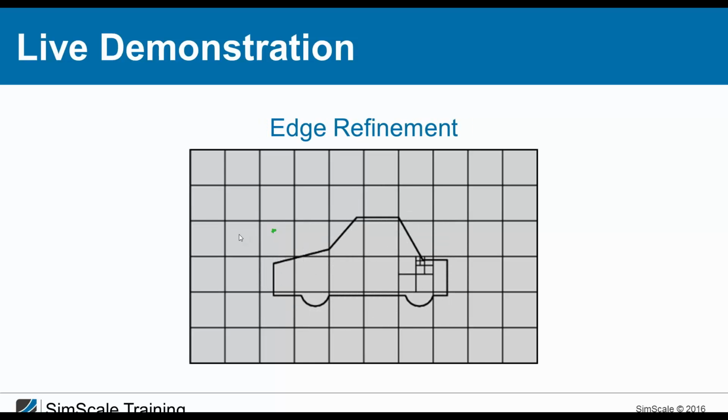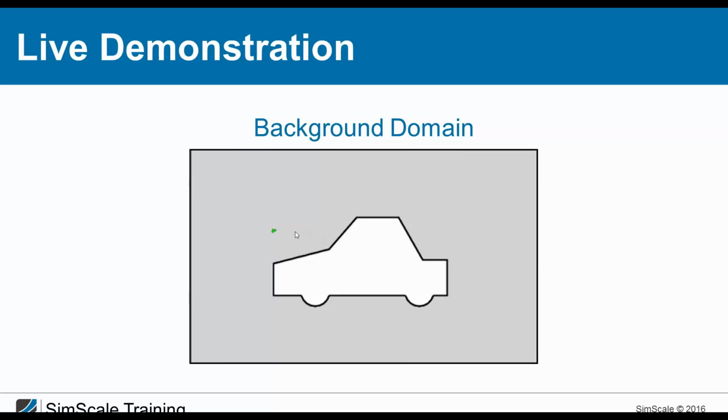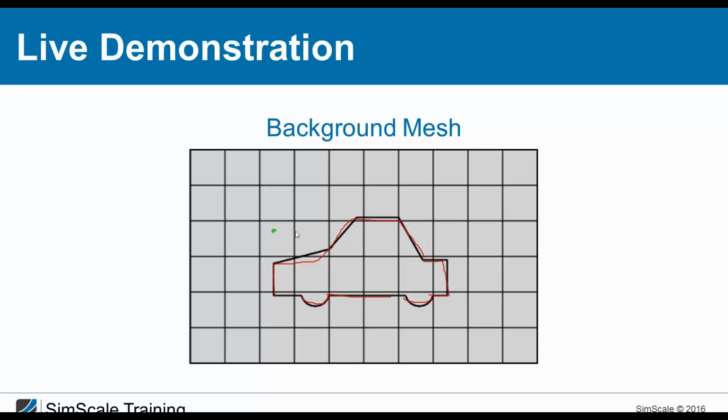Then one last time. If your point, you can see it, I think, here. This is the geometry of your car, right? Here. Now we have, say, two meshes.